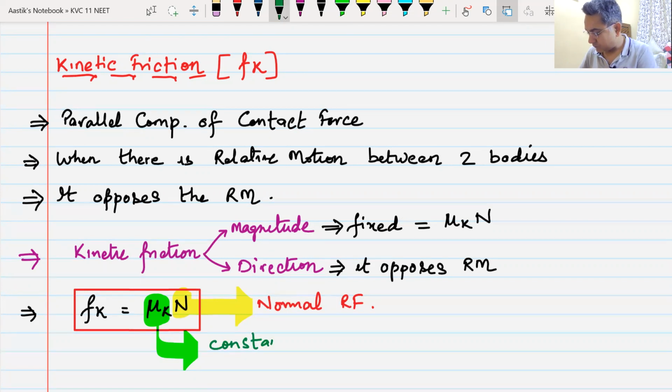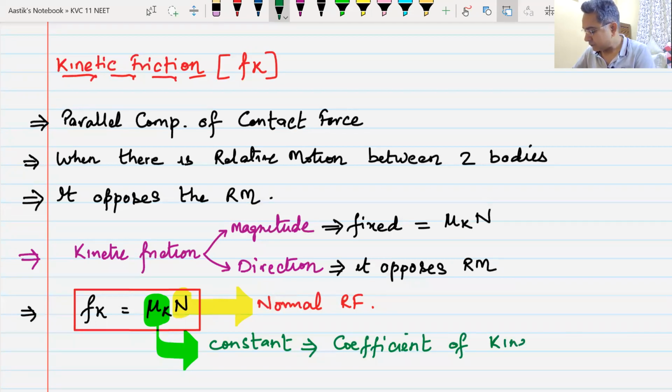Coefficient of kinetic friction. Yes, this constant is known as the coefficient of kinetic friction.